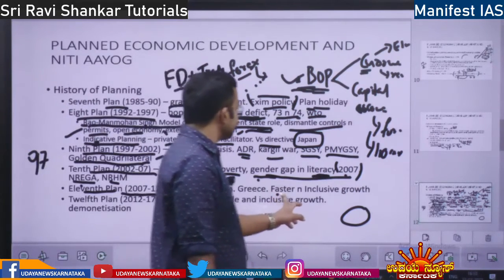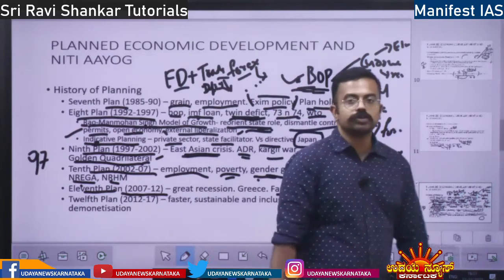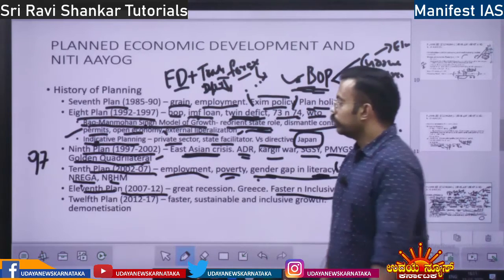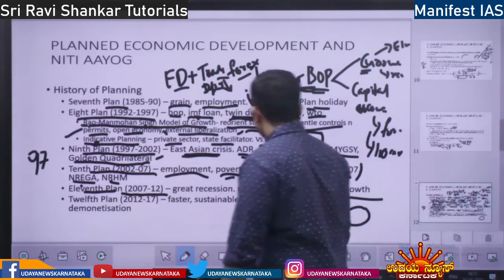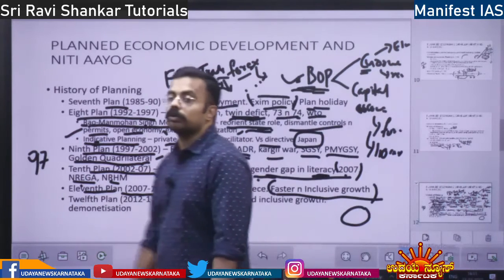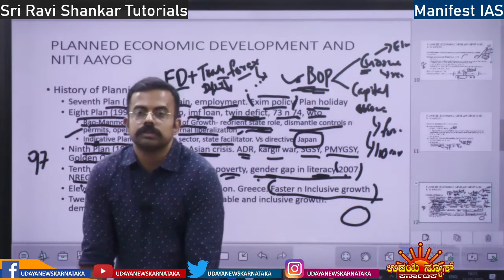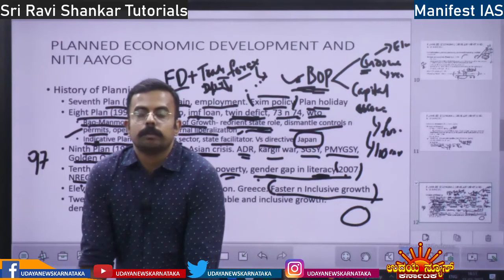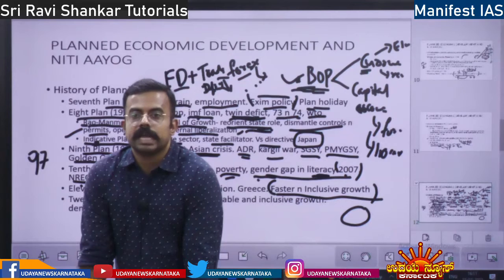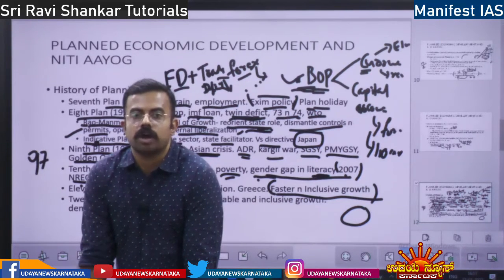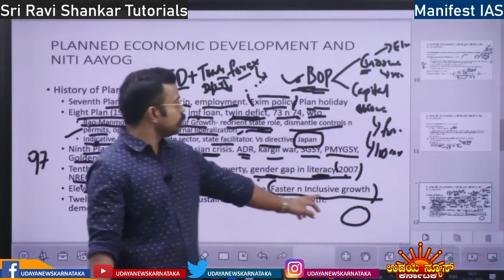It has a target of fast and inclusive growth. The motto, the goal of the 11th plan, is faster and inclusive growth. Faster growth, and inclusive, what do you mean by inclusive? All sections of society, poor, rich, urban, rural, male, female, young, old, upper caste, lower caste, upper class, lower class, all of them should grow.